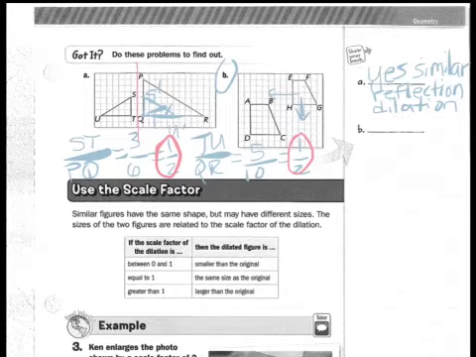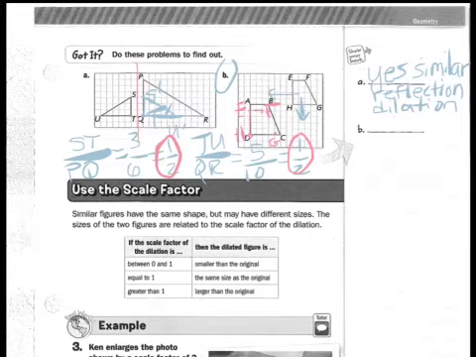And when I do that, I'm going to line up H with D, and that means E would be here, one block below A, and then F would be right there, and then G would be right here.